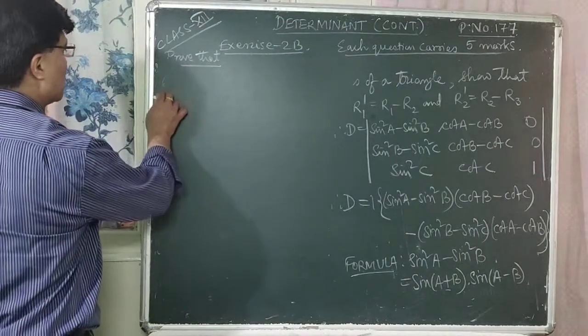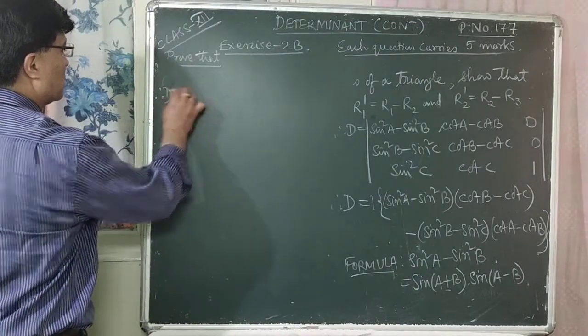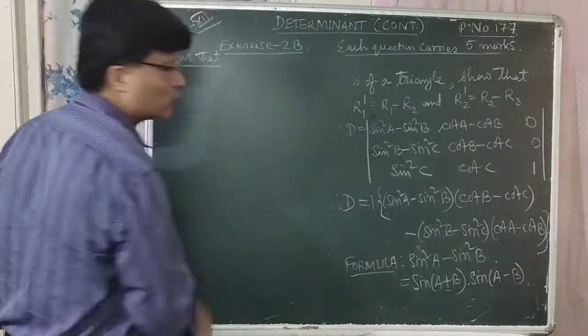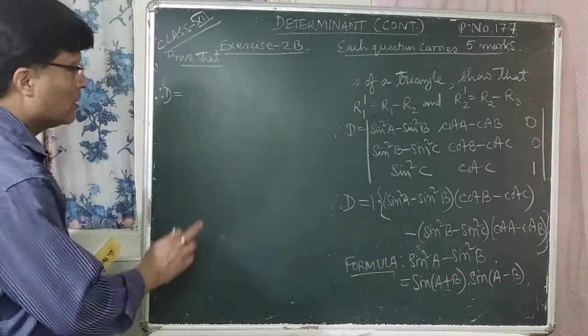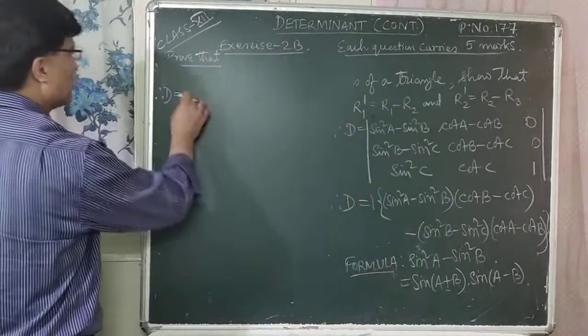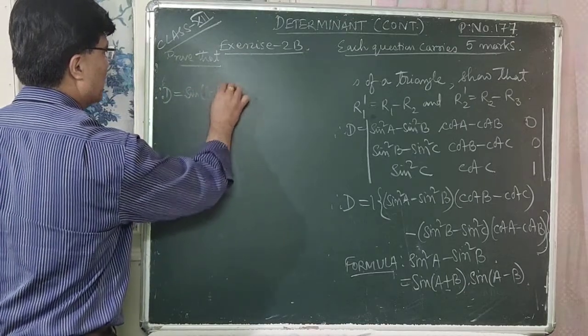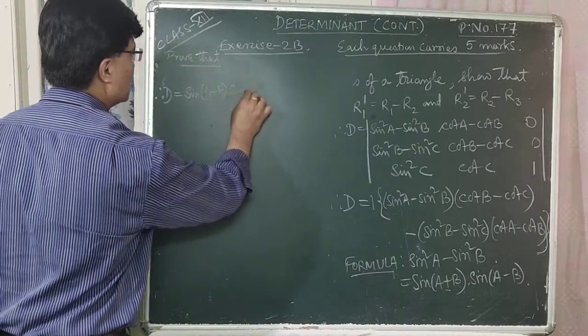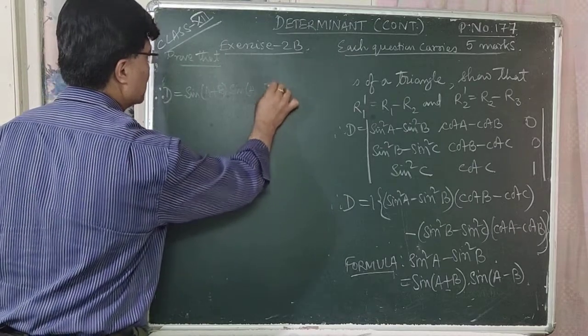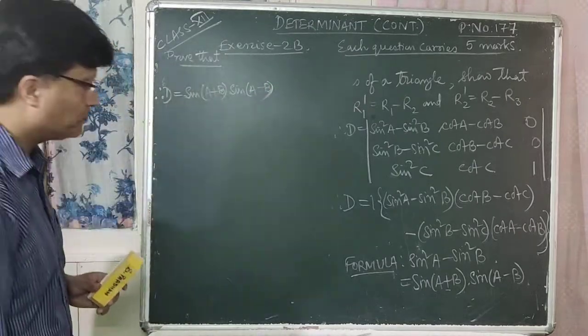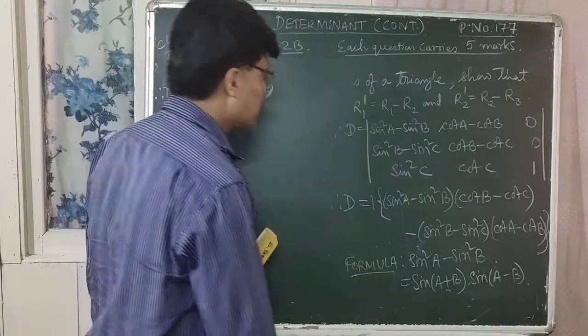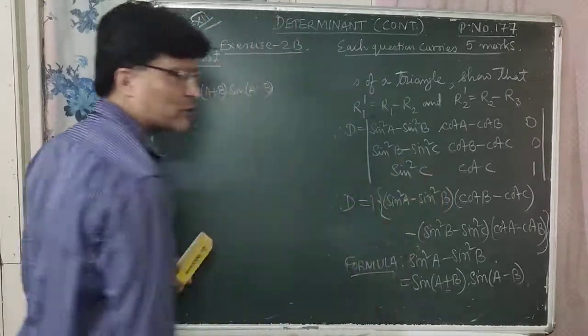So now what is D equal to? You don't have to write this one. What is sin square A minus sin square B? It is sine of A plus B into sine of A minus B, right? Next, what is cot B minus cot C?